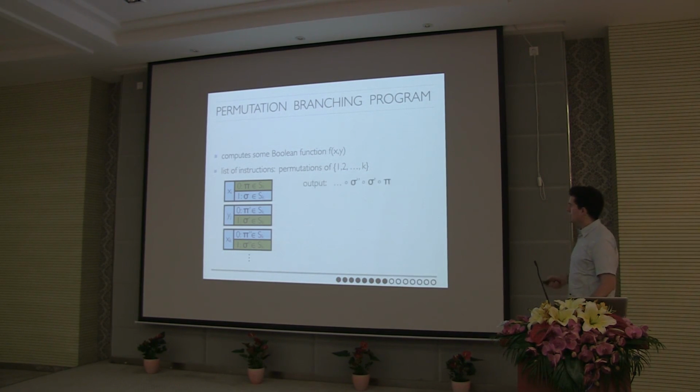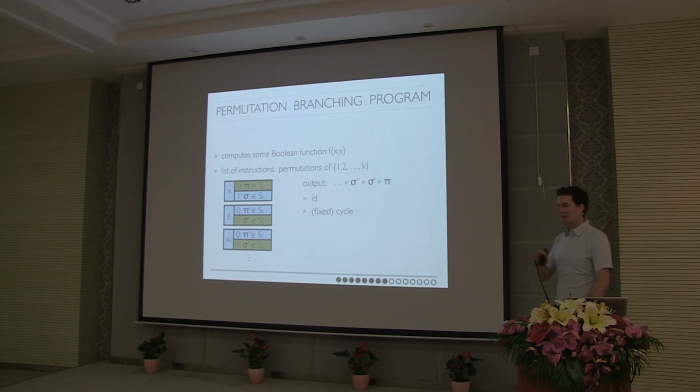And the output of such a permutation branching program is the product of all these permutations. This output is guaranteed to be either the identity permutation on these k elements, or some fixed cycle permutation of these elements.